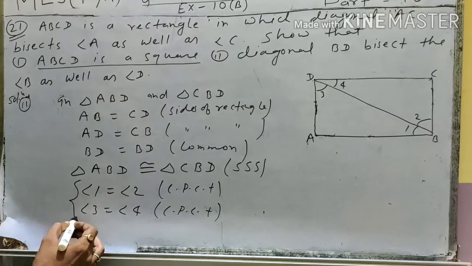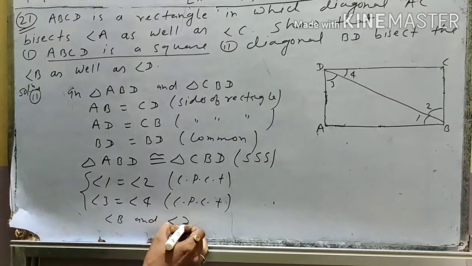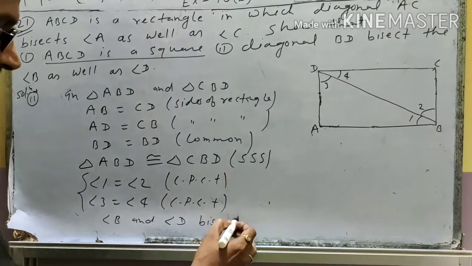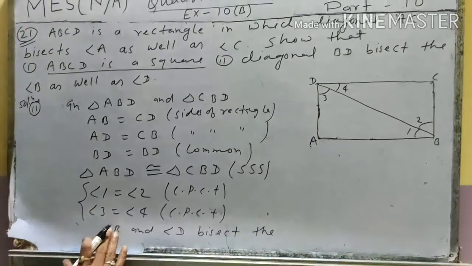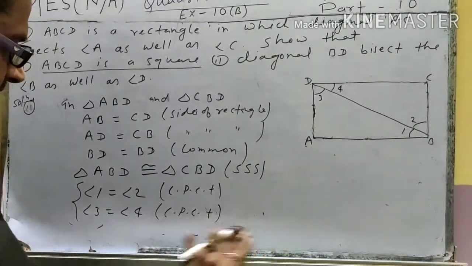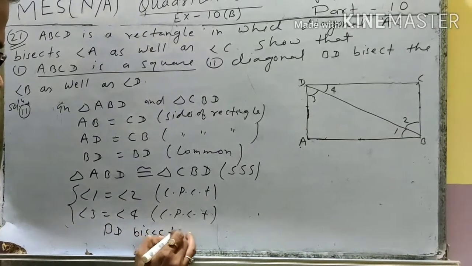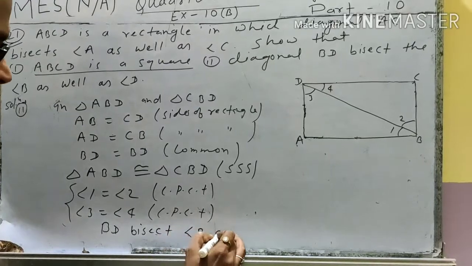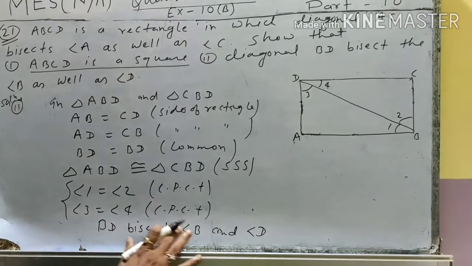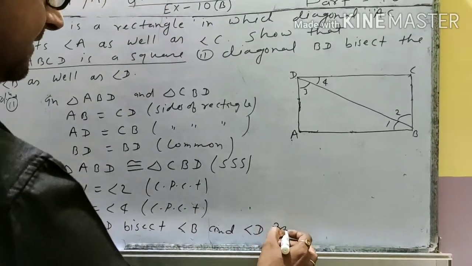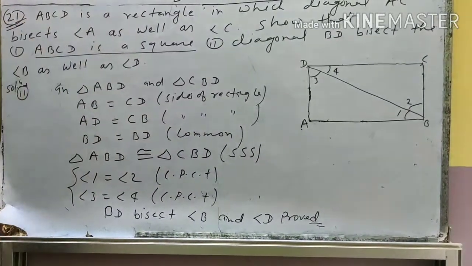According to these two results, we can say here BD bisects angle B and angle D. Okay student, so here BD bisects angle B and angle D. I hope you understand question number 21.